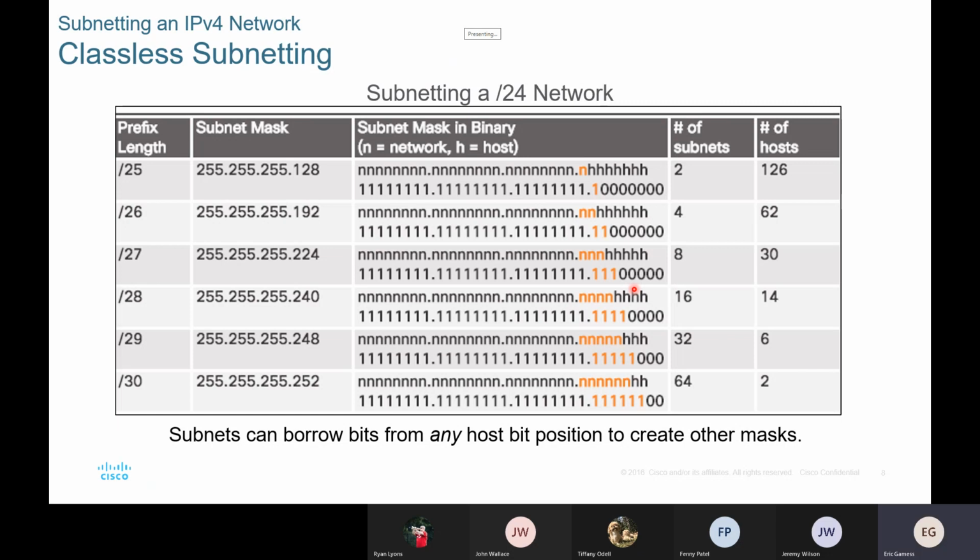The second subnet will be 001, then 010, then 011, then 100, then 101, then 110, and finally the last subnet will be 111. With 3 bits, we can make 8 different combinations.